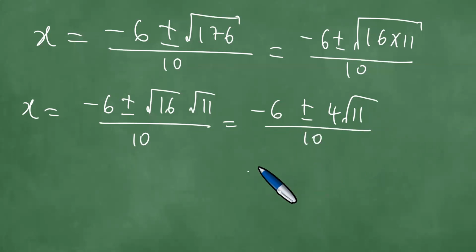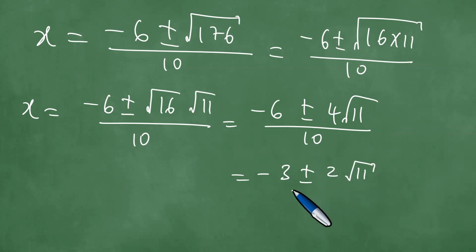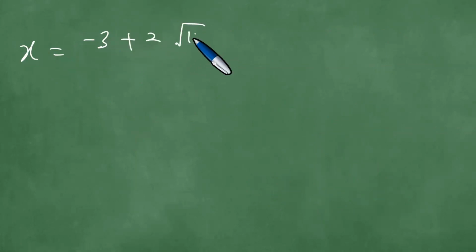Dividing through by 2, we get minus 3 plus or minus 2 times the square root of 11, out of 5. So x is minus 3 plus 2 into the square root of 11 out of 5.